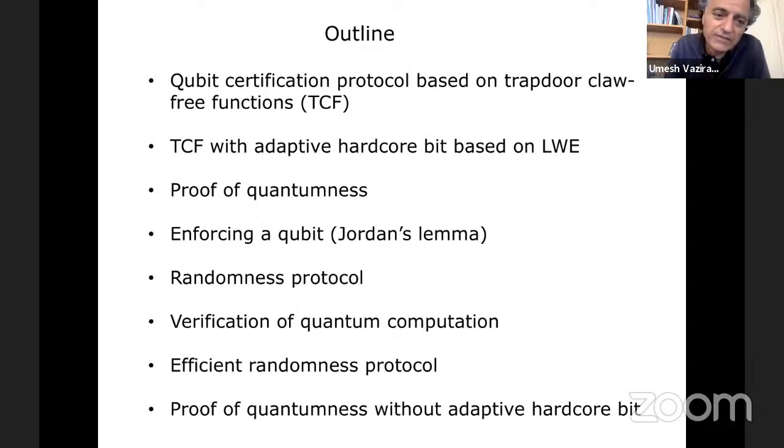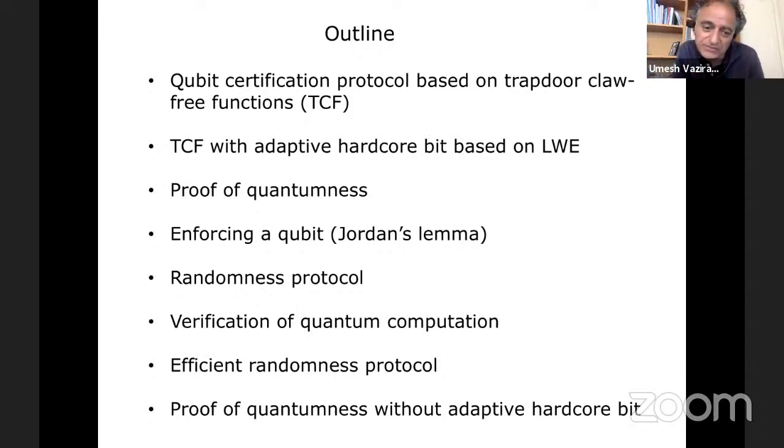Okay, so then I'll talk about how this protocol gives you a proof of quantumness. Then I'll talk about one more thing that I think is simple, but very basic, and this is this notion of how you enforce a qubit in the Hilbert space via Jordan's lemma.